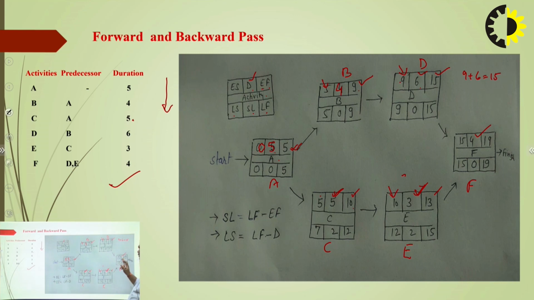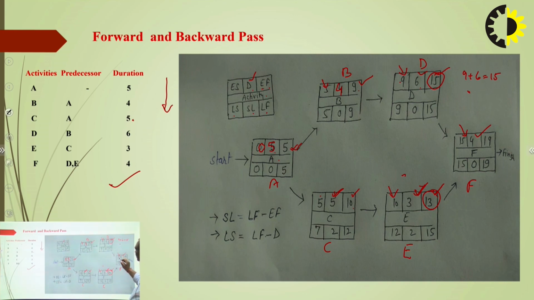When we find the earliest start value of the F activity, we have not yet concluded which value to take. But suppose that after finalizing D as well as E, we start the F activity, then we take the maximum of these values. So between 13 and 15, the maximum is 15, so we choose 15.